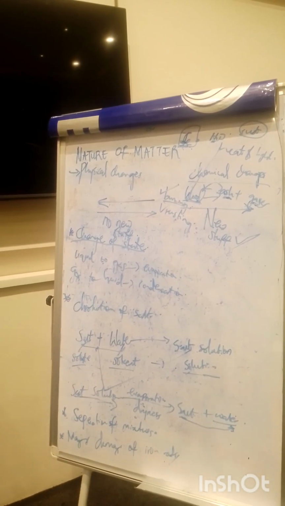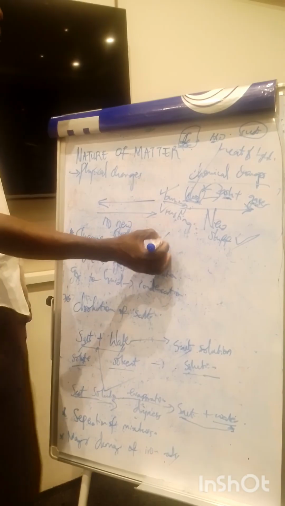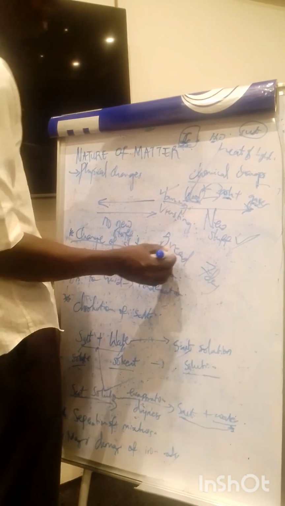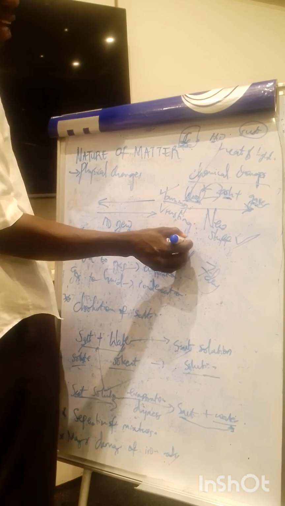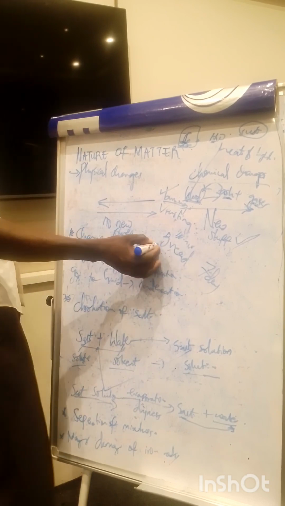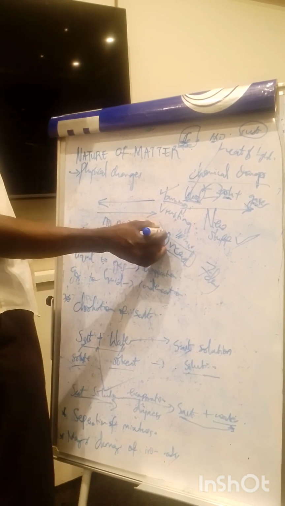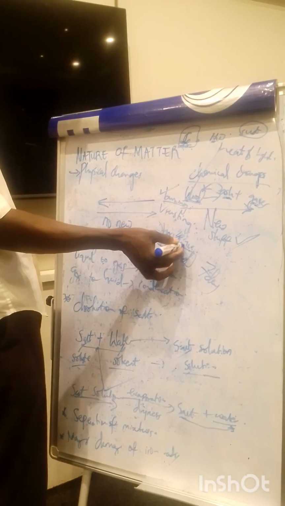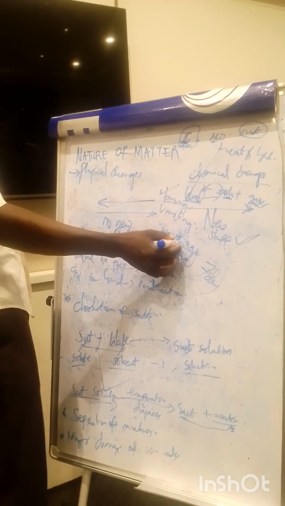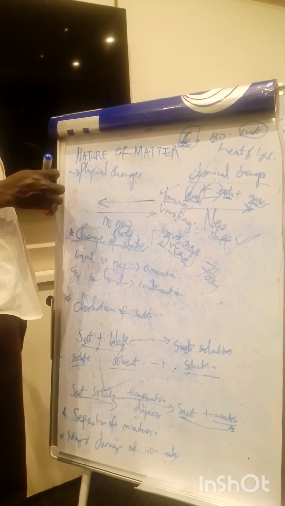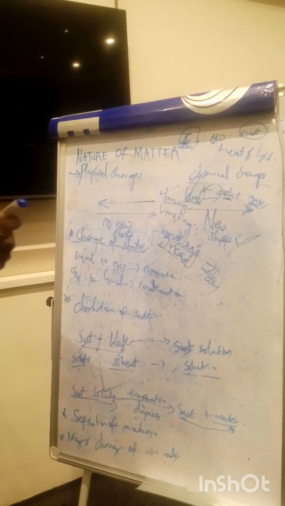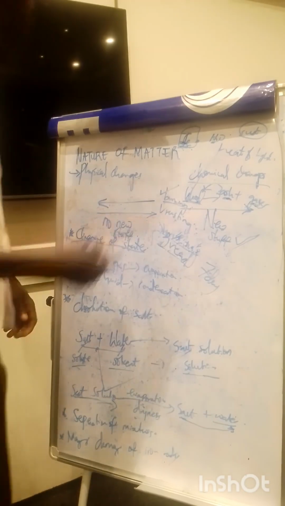For example, your bread. If you leave your bread inside the house for, let's say, 7 days, the bread would have grown something like fungi. Stuffs would have grown on that bread. And trust me, these stuffs that grew on the bread is a new substance. A new substance is being formed on that bread, and this is due to the decay of the bread.